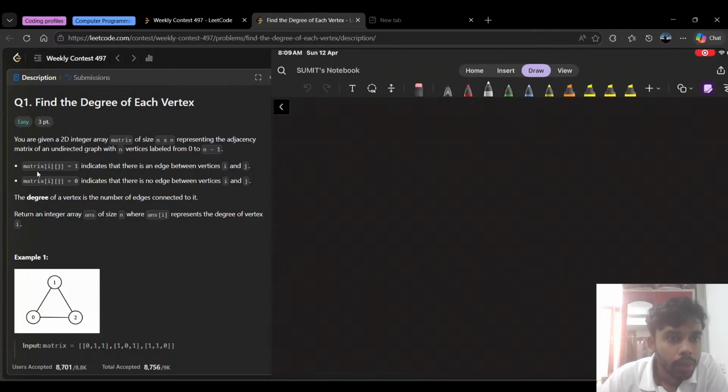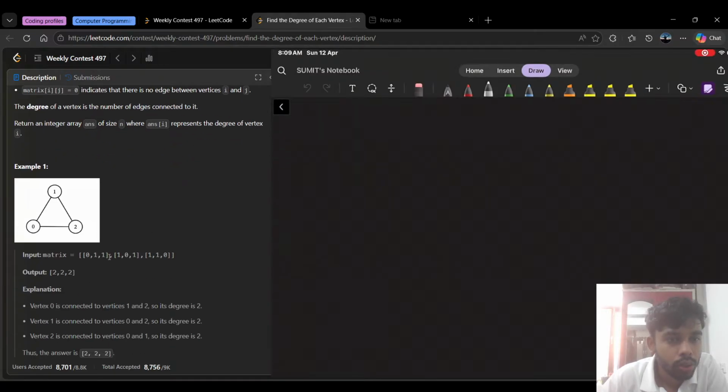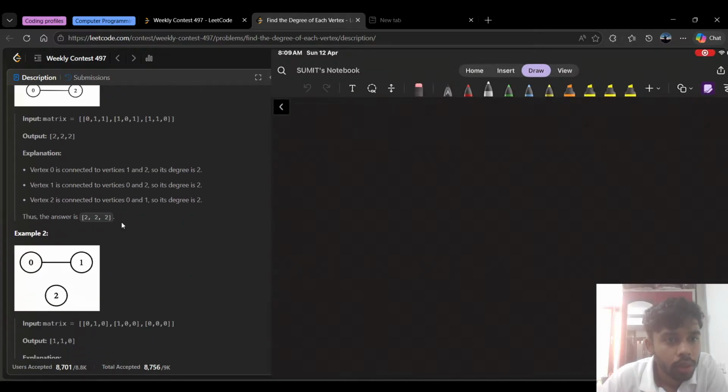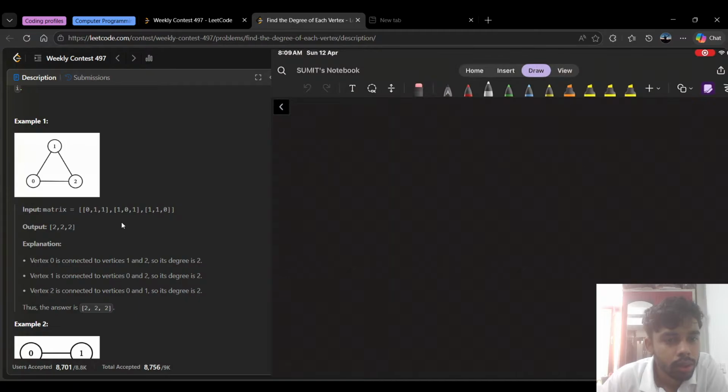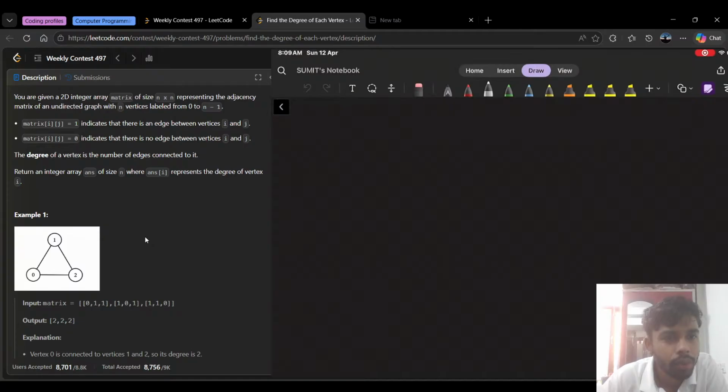Okay. matrix[i][j] equals to 1 indicates that there is an edge. Matrix of i comma j. So 0 to 1, there is. 1 to 0 there is. 1 to 1 there is. Vertex 0 is connected to vertices 1 and 2. Where it's given.